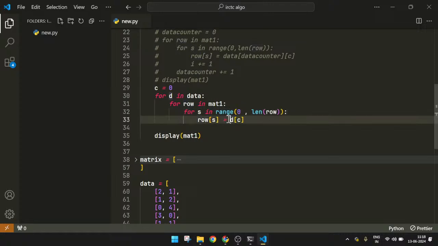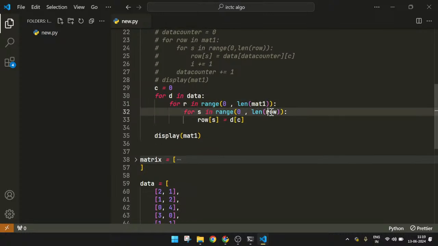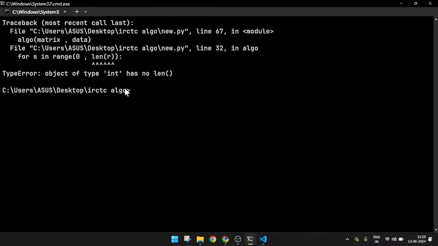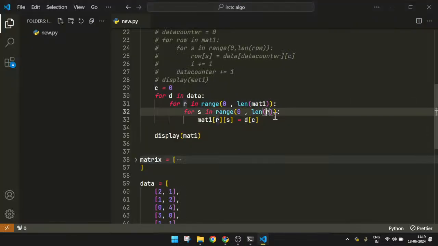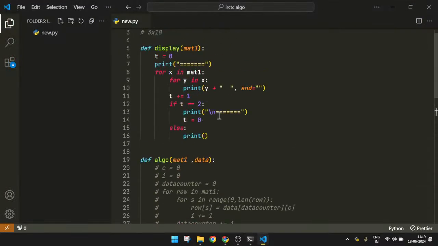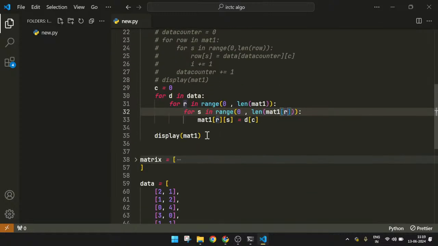Am I doing this wrong? Just print it, bro. Just try to print it. Come on.